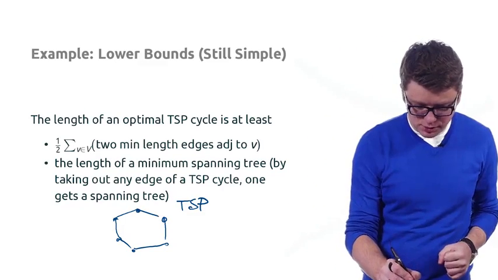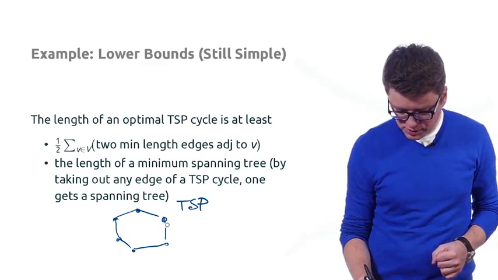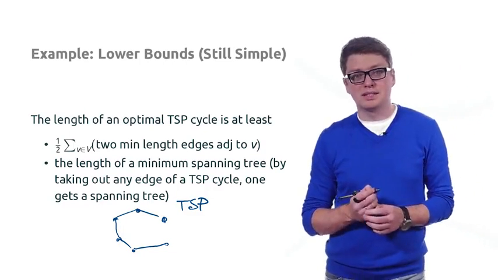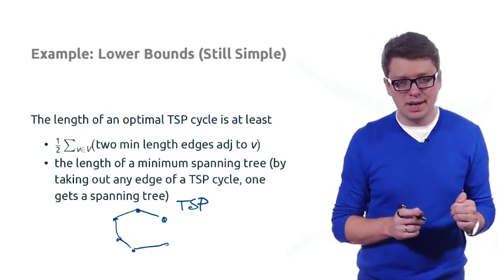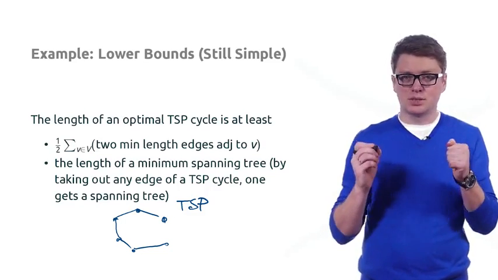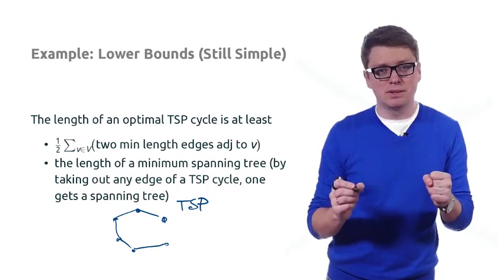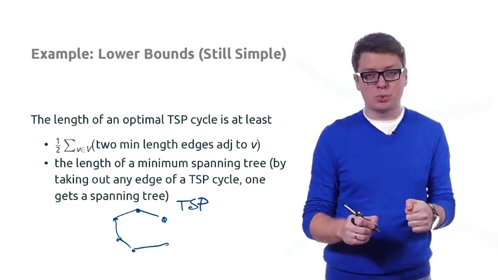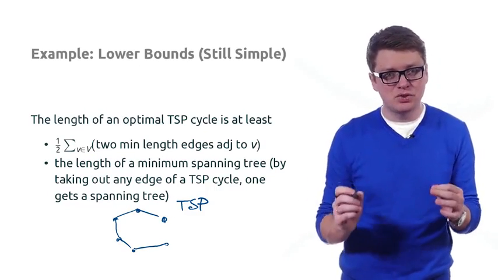Now let me do the following. Let me just remove some edge. Then, since all the edge weights are non-negative, what is left has weight smaller than the traveling salesperson cycle. And also, as you can see from this picture, what we get is some spanning tree.